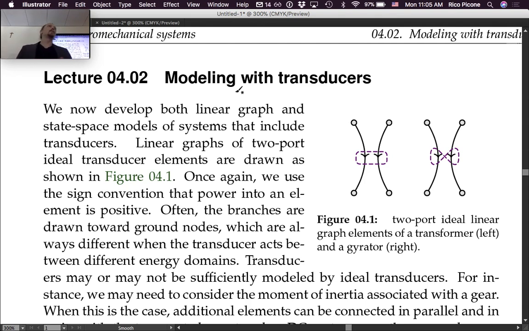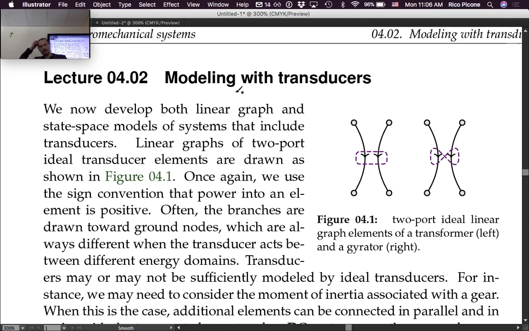One is a transformer, in which the across variables from one side to the other side are directly related, and the through variables are also directly related. And the gyrator, for which the across variable on one side is directly related to the through variable on the other side, and vice versa. Those were the considerations that we explored.